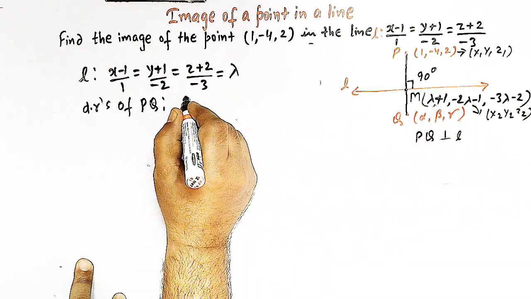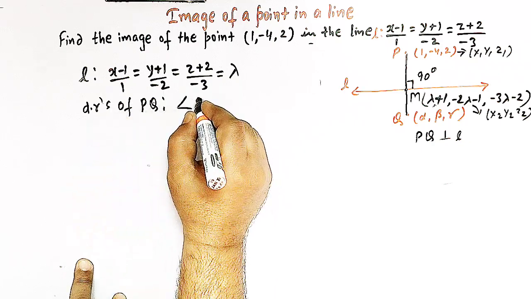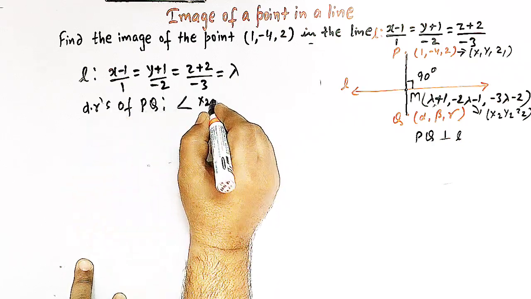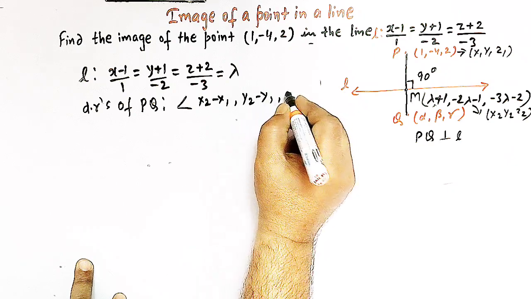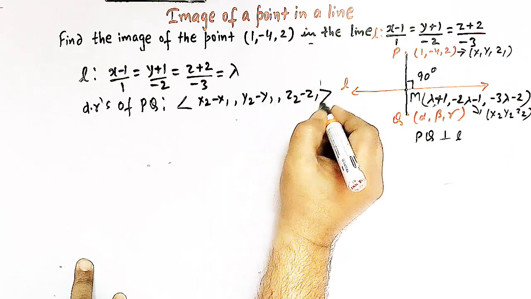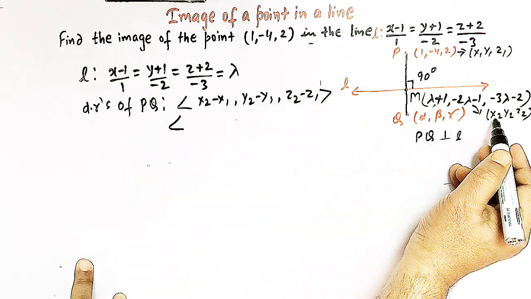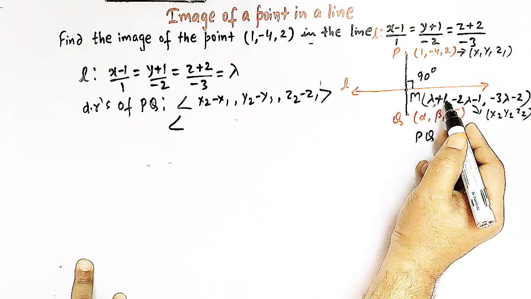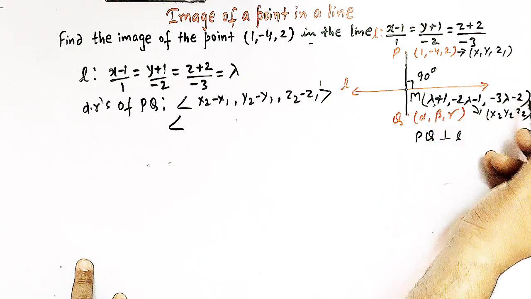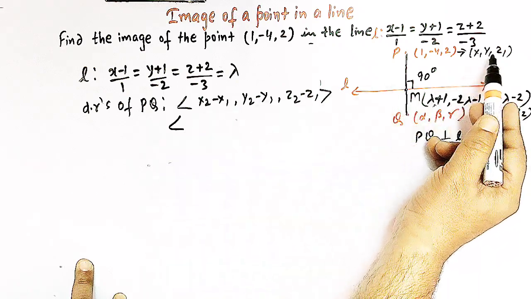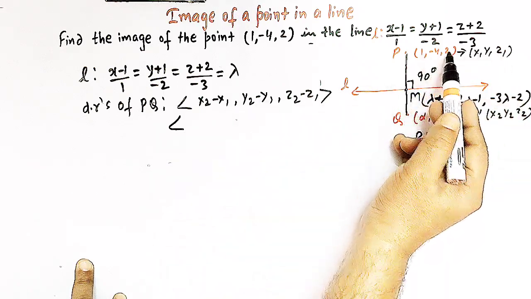So here we have the direction ratios of PQ as x2 minus x1, y2 minus y1, and z2 minus z1. So we have here x2, y2, z2 as lambda plus 1, minus 2 lambda minus 1, minus 3 lambda minus 2, and x1, y1, z1 as 1, minus 4, 2.